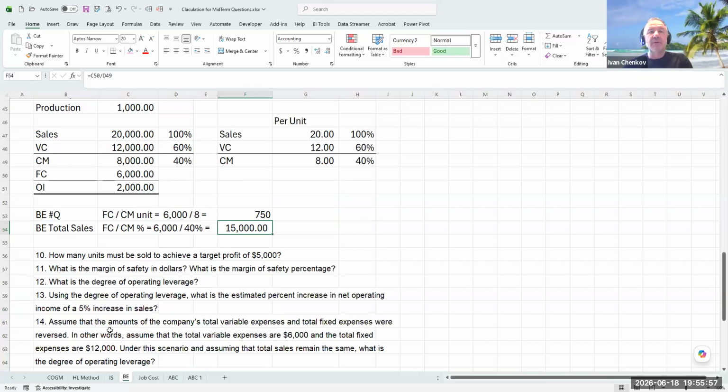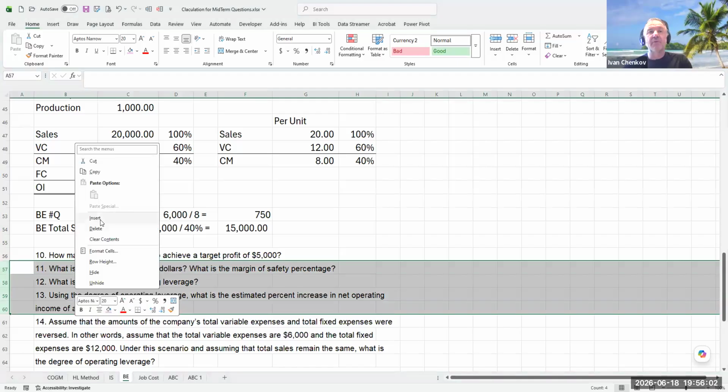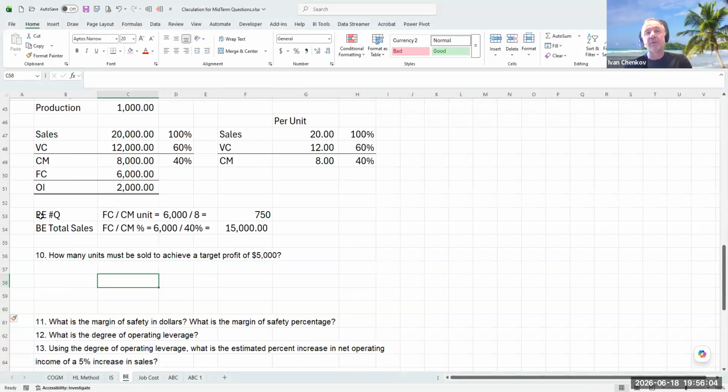Now, how many units do we need to sell to achieve a target profit of 5,000? Since we're chasing the target profit, we're actually chasing the number of units.